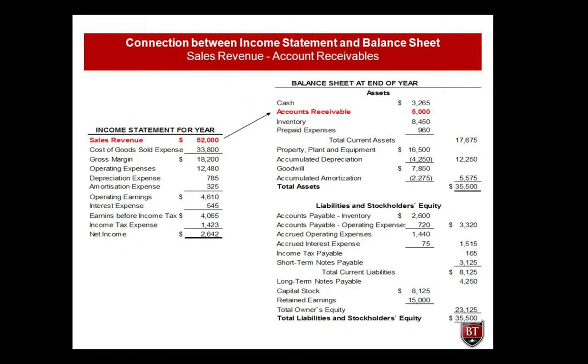What is the connection between sales revenue account and accounts receivable? The size of the two accounts is connected. Accounts receivable account shows the part of sales revenue that has not been paid yet. The sales revenue account is on the left side of the screen. This accumulates all sales made during the year. Its opening balance is 0.